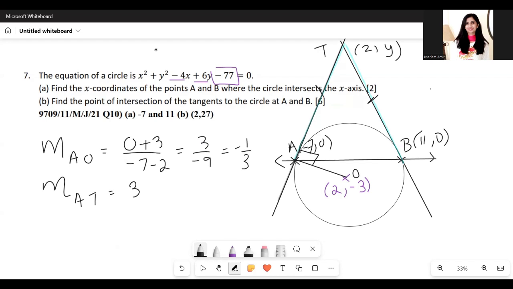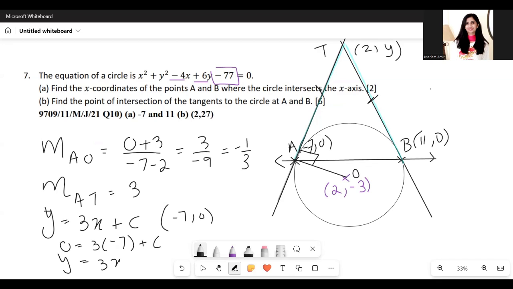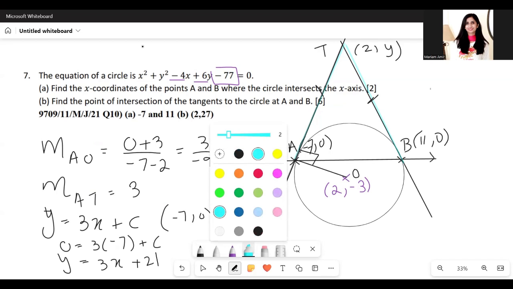So the equation of the line AT would be y equals mx plus c. To find c, you need to substitute -7, 0. So 0 equals 3 times -7 plus c. That gives us c equals 21. So y equals 3x plus 21 is the equation of this line.